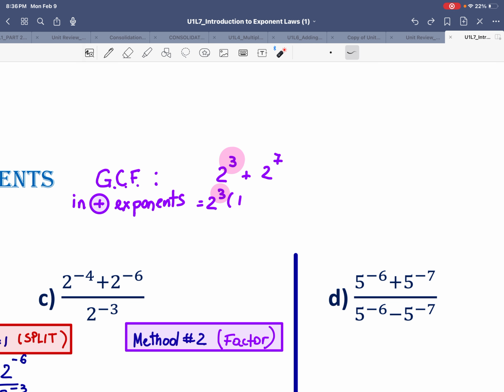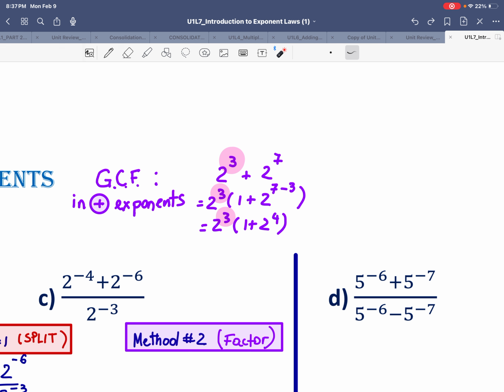So basically we have to subtract 7 minus 3, the power, and that would be 2 to the power of 4. So we're going to have to rewrite this as 2 to the power 3 times 1 plus 2 to the power of 4. And I bet that this is very familiar to you because we have done this very often in factoring polynomial expressions in this unit.